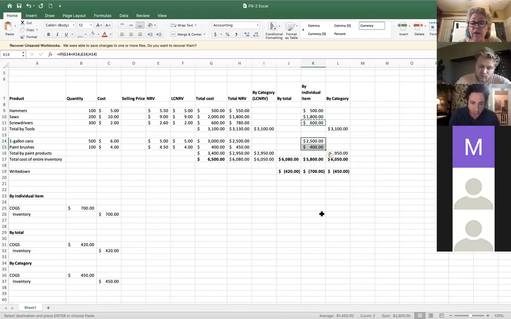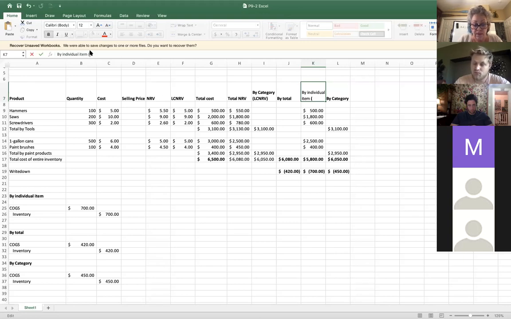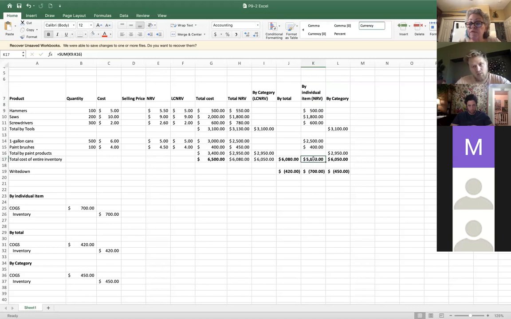And I see that when I sum that up, when I apply it by individual item, my NRV by individual item sums up to 5,800.